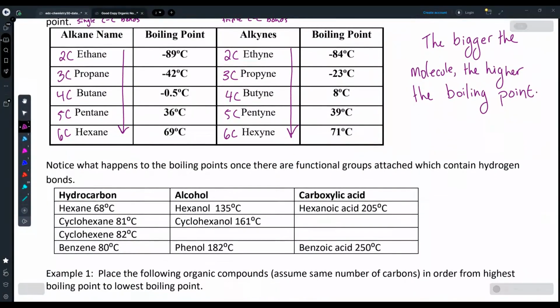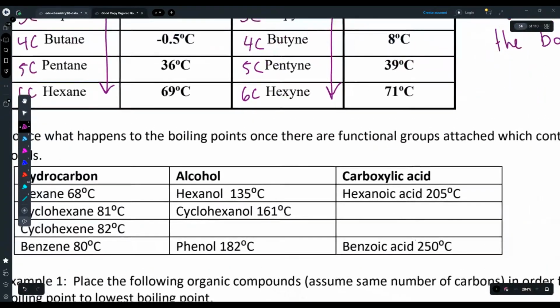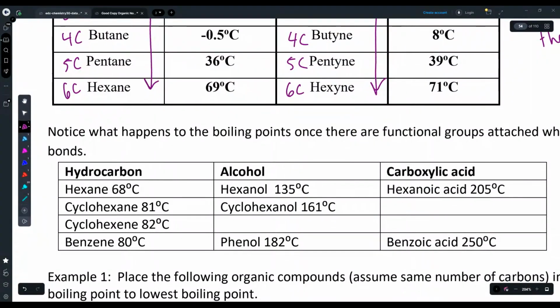Okay, so notice what happens to the boiling points once there are functional groups attached which contain hydrogen bonds. They've got a table here comparing hydrocarbons, alcohols, and carboxylic acids. In the first row, all of these compounds have 6 carbons in them.